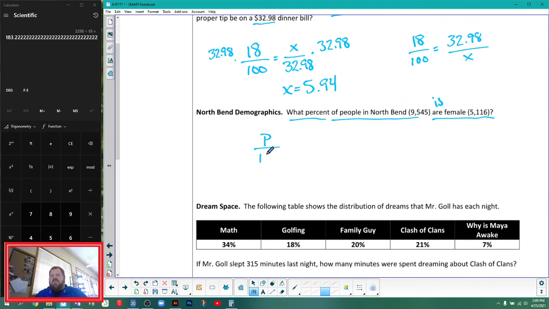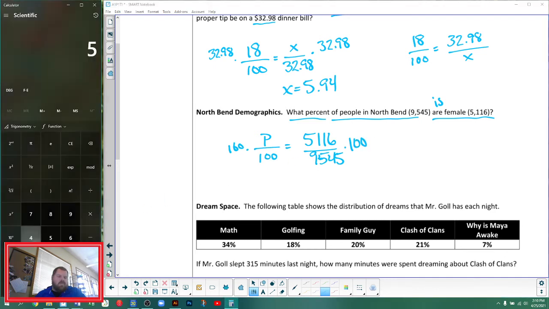So percent over 100 equals the number of females over the total. Multiply both sides by 100, and we will be good to go. We get 53.6.